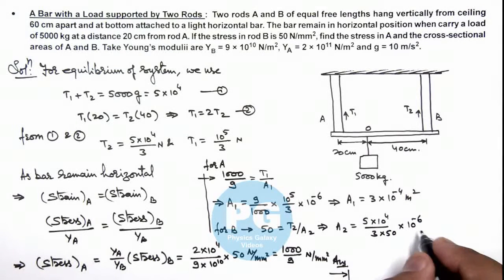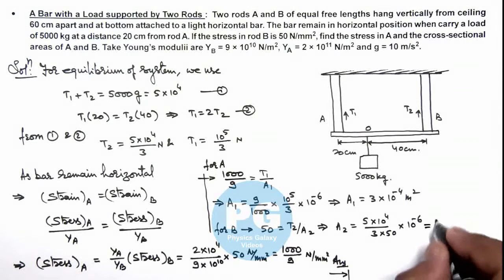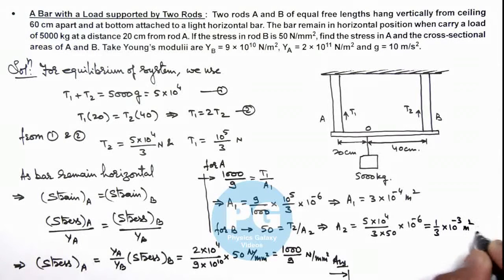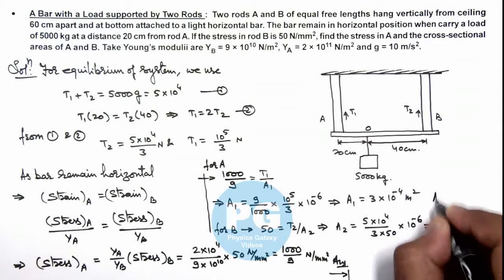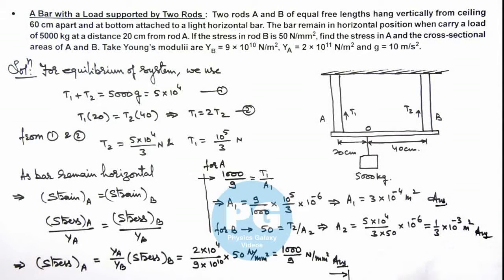And numerically solving, this will give us a value 10 to power minus 3 by 3, or it is 1 by 3 into 10 to power minus 3 meters squared. These are the other results of this problem.